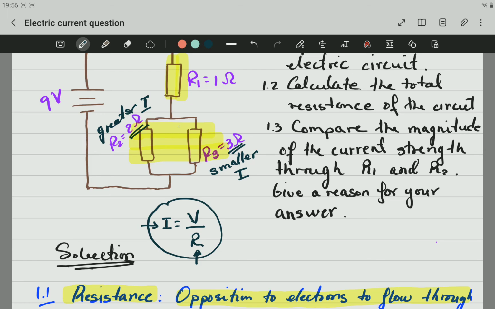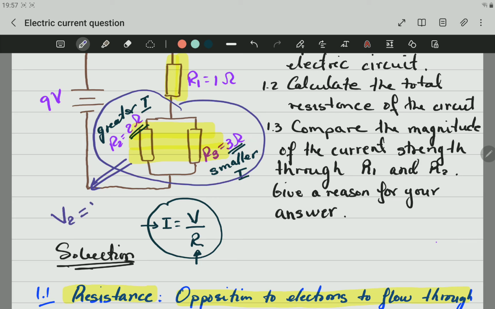So in a parallel circuit, on this side here, the potential difference is the same. Remember, in a parallel circuit, potential difference is the same. So here, let's write it on this side: the potential difference going through R2 is equal to the potential difference going through R3.